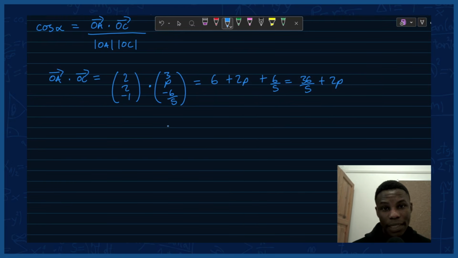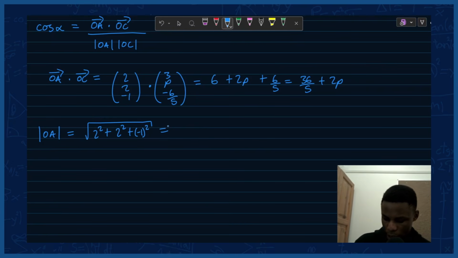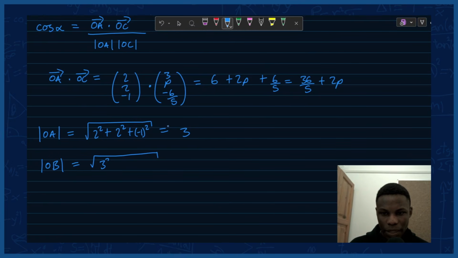Now we need the magnitudes. The magnitude of OA is the square root of each component squared and then summed up. So 2 squared plus 2 squared plus (-1) squared, which is the square root of 9, which is 3. And then the magnitude of OC is the square root of 3 squared plus p squared plus (-6/5) squared.